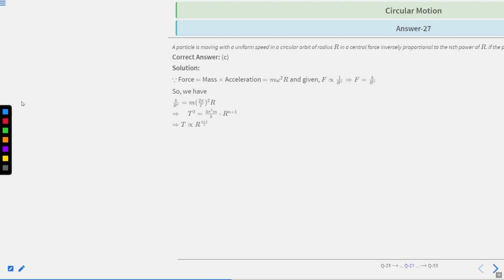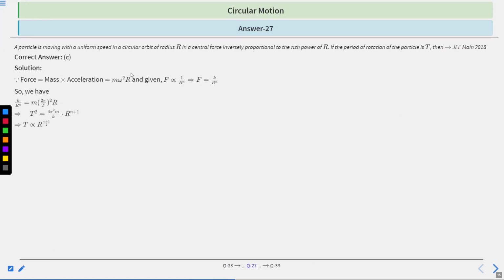Let's find a solution. We know force equals mass into acceleration, which is equal to m omega square r. Given F is inversely proportional to r raised to the power n, so F equals K upon r raised to the power n.